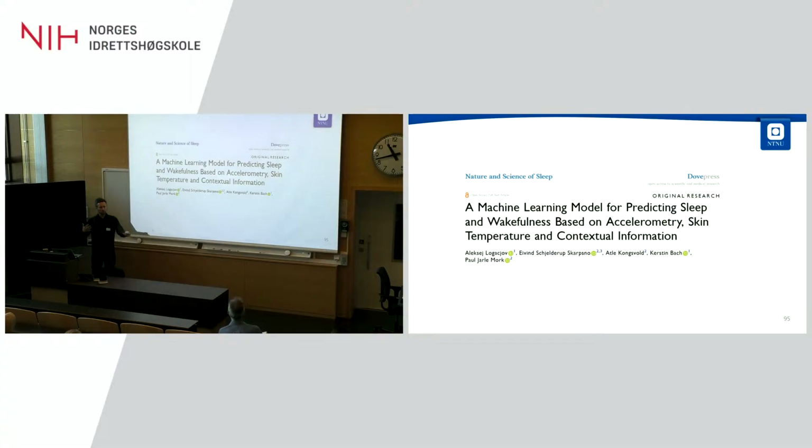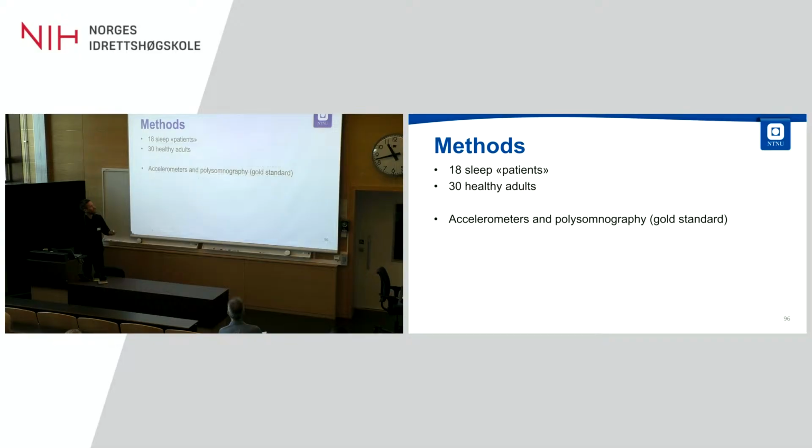And of course, we're learning more and more that we should include sleep in our studies. So we also wanted to distinguish between sleep and wake. Here we had 18 sleep patients from the hospital that had insomnia and so on, and also 30 healthy adults. We attached accelerometers and used polysomnography, a cap that measures brain activity, as the gold standard.